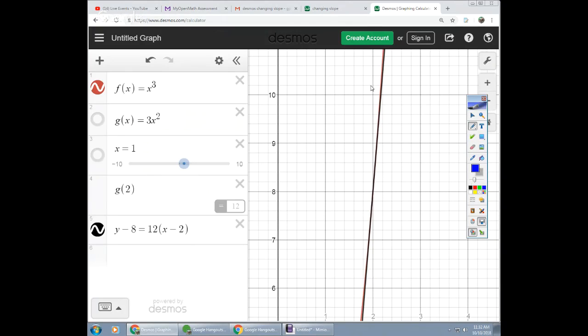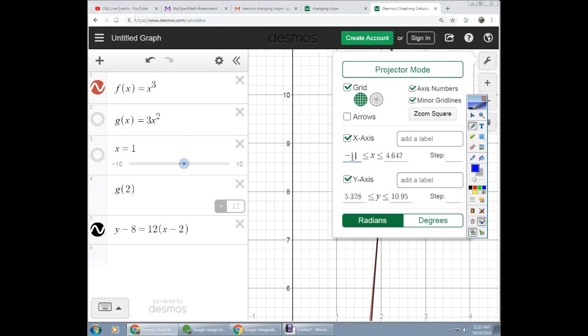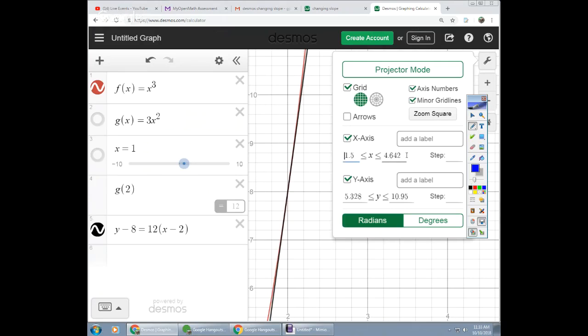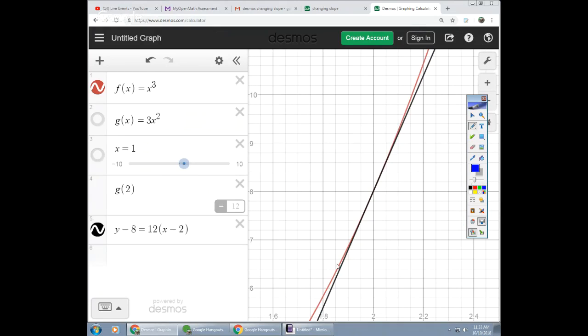Yes. It looks pretty darn tight there. And I could zoom in x-wise, from 1.5 over to 2.5. And yeah, that looks pretty nice. I have a nice fitting tangent line. So do we feel pretty confident we found the slope function? Yeah, we found it. Okay, cool.